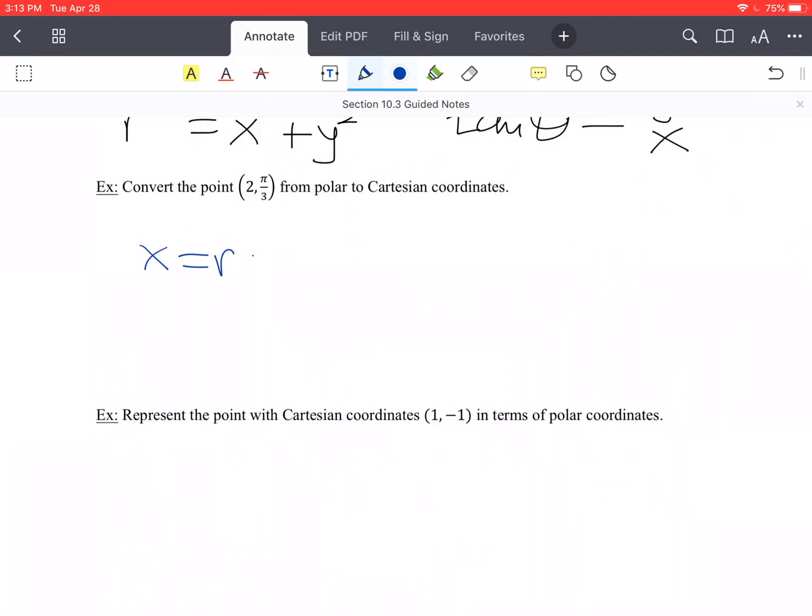So x is r cosine theta. So that's going to be 2 cosine of pi over 3. Cosine of pi over 3 is 1/2, so 2 times 1/2 which is just 1.